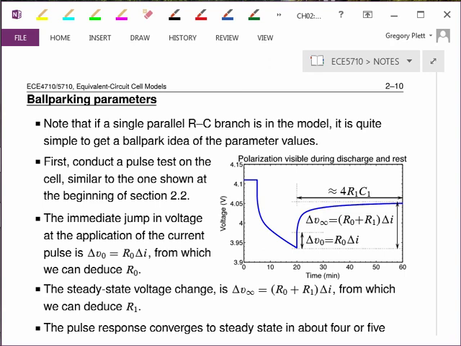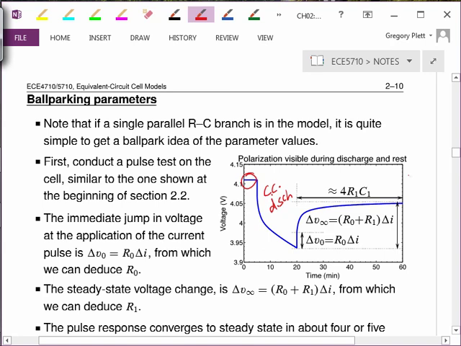This page is a way of getting approximate, what I'll call ballpark, parameter values. We probably want to fine-tune the parameter values beyond what we get here using some later results in this chapter, but this is at least an initial set of parameter values that can get me pretty close to the final model. What we're going to do in the lab is conduct a pulse test on the cell, where I have the cell resting, then a constant current discharge, and then I allow the cell to rest once more.